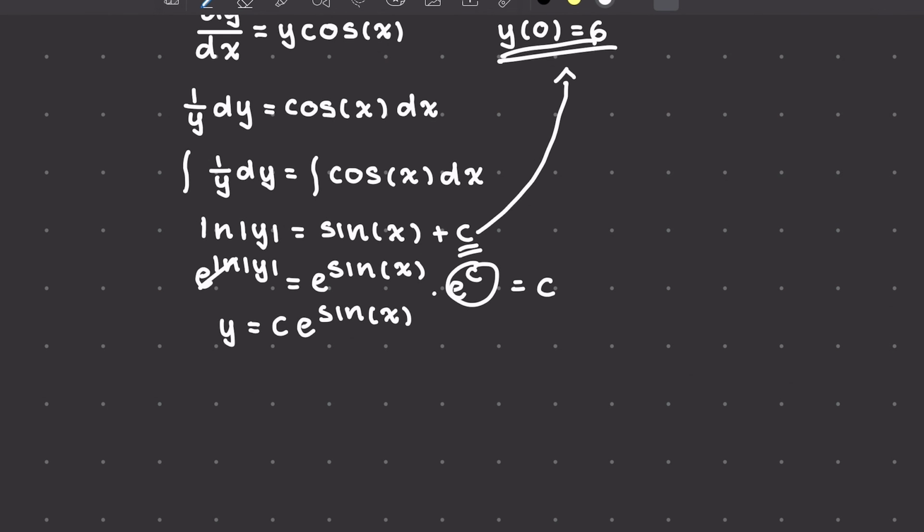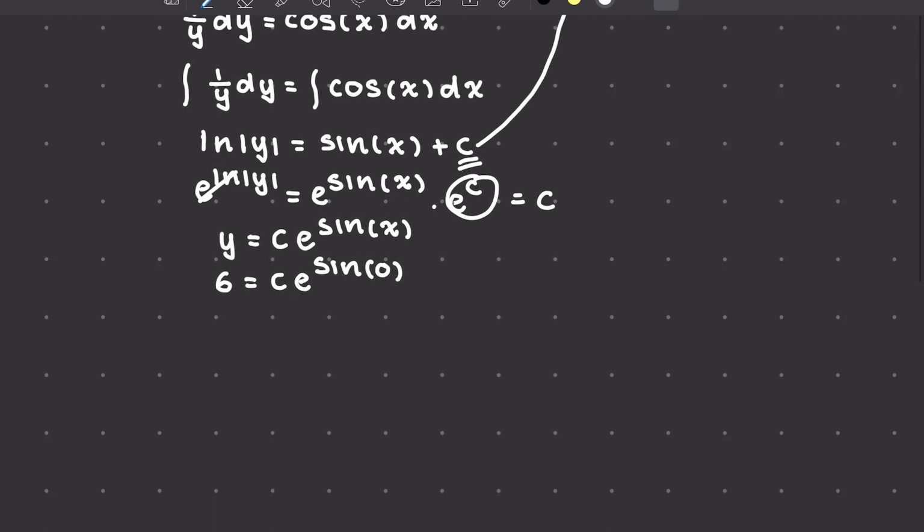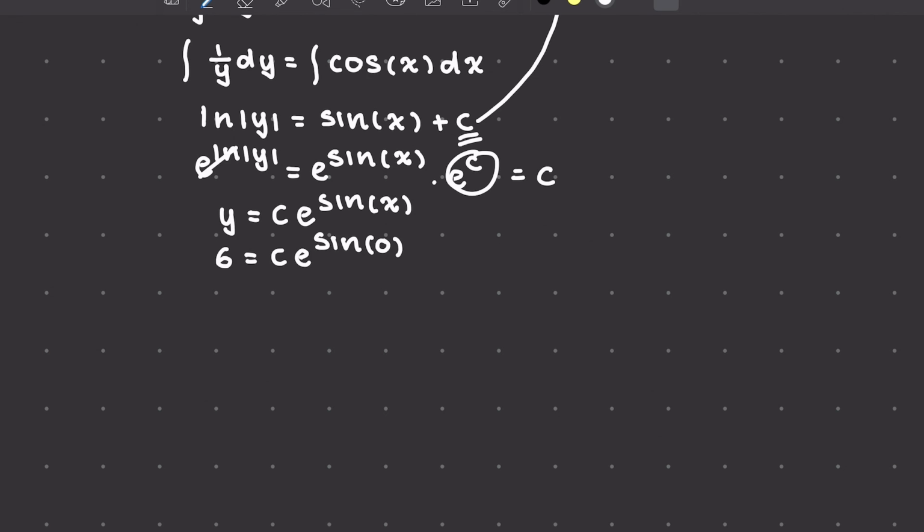So let's plug in all of the x's with 0 and all of the y's with 6. So 6 equals c times e to the sine of 0. We know sine of 0 is 0, and e to the 0, anything to the power of 0, is 1. So we know here that c is equal to 6.